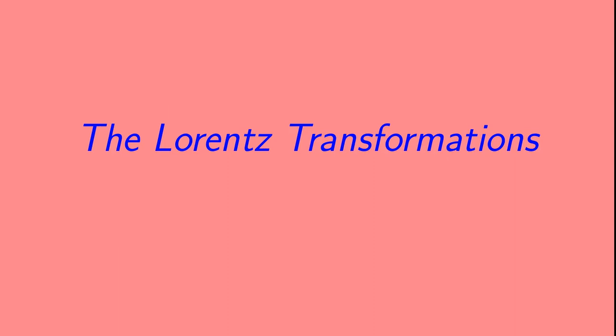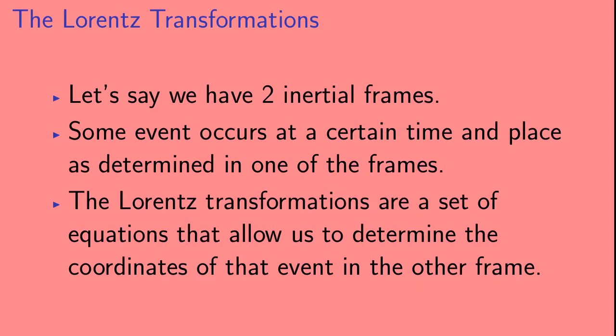Okay, so let's talk about those. Let's say we have two inertial frames. Some event occurs at a certain time and place, as determined in one of the frames. The Lorentz transformations are a set of equations that allow us to determine the coordinates of that event in the other frame.